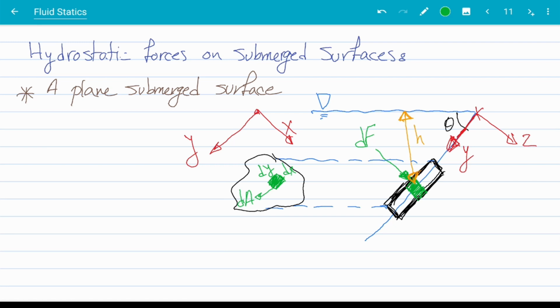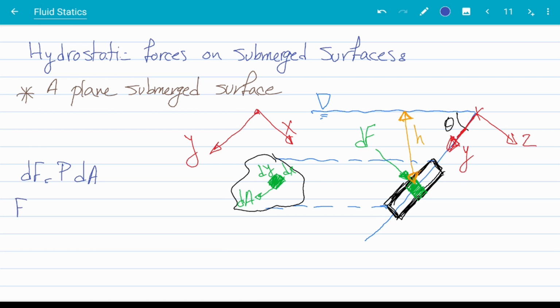Now again, we are talking about the forces in a hydrostatic situation, meaning that there is no motion. In this case, we know that all the forces working on this element, on this plate, are the pressure forces or surface forces. So dF is just P dA.